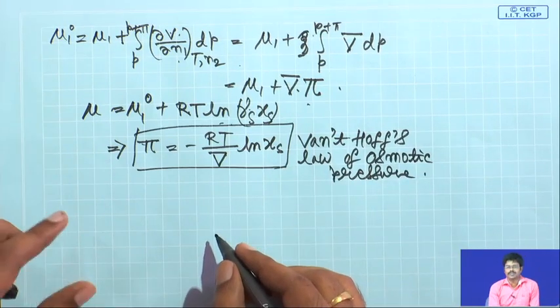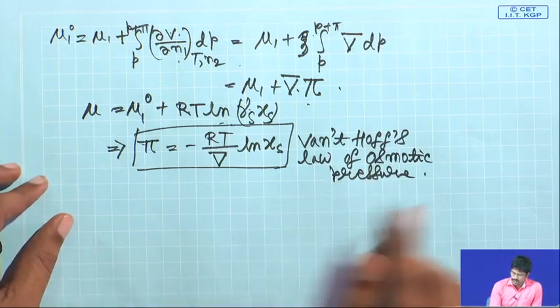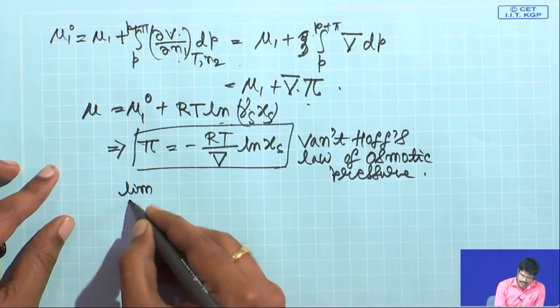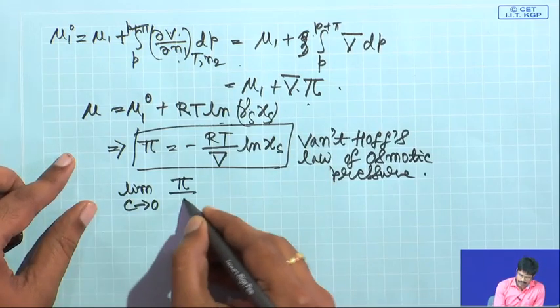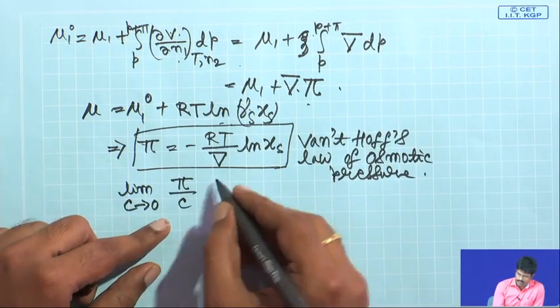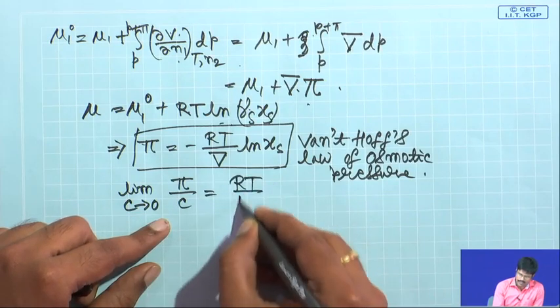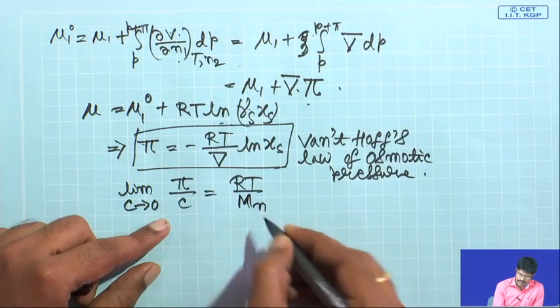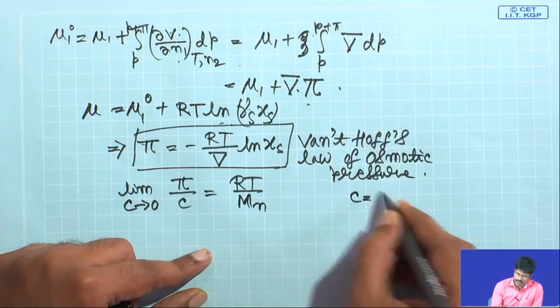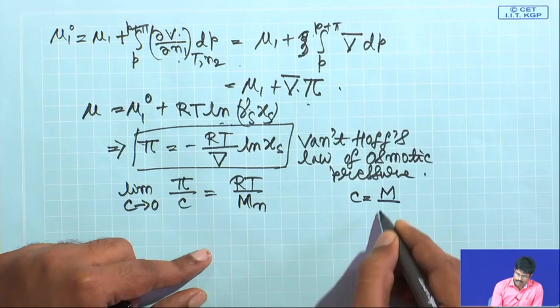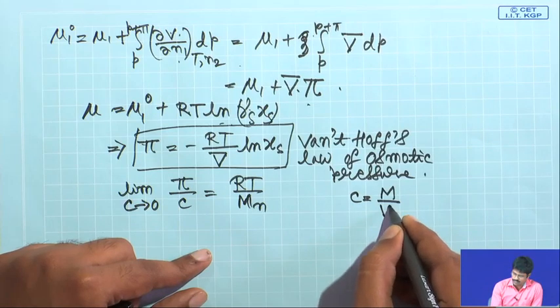In the limit where C tends to 0, from here you can show that pi by C becomes equal to RT by Mn, because of this volume term, where your concentration is equal to m by V.